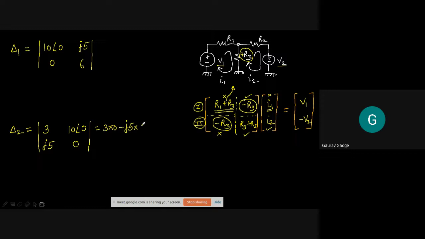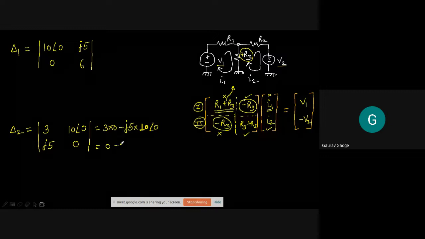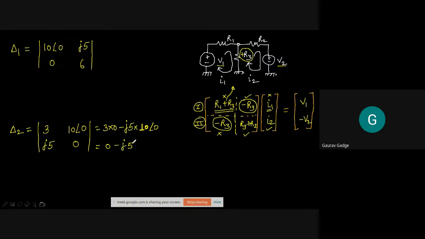So this is J5 into 10 angle 0. Now 3 into 0 is 0, and you just have to find this multiplication, J5 into 10 angle 0. In fact, it is 10 only. So 10 into 5, how much? 10 fives are 50.